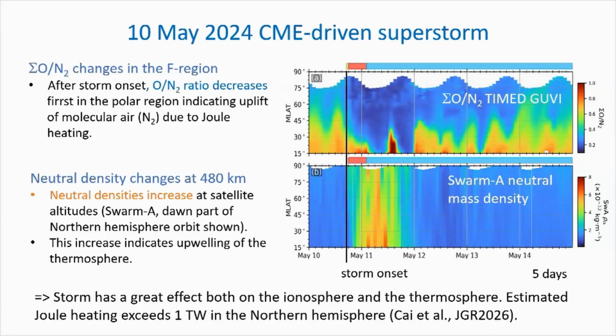The top panel shows the satellite measurements, and basically it is telling us that the N2 molecules, their relative abundance to O, is increased. So this is again related to the upwelling of the thermosphere. And maybe one more thing, this paper has just come out, in which we show that the estimated Joule heating rate in the northern hemisphere was exceeding 1 terawatt during this event.